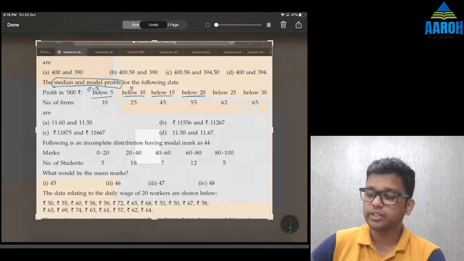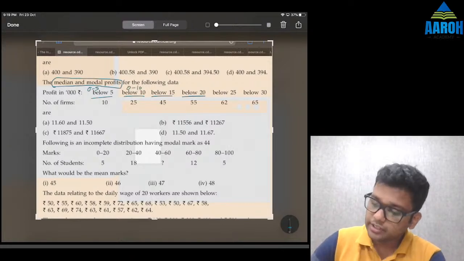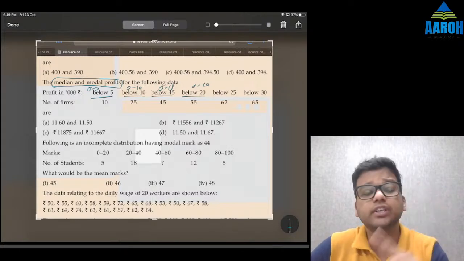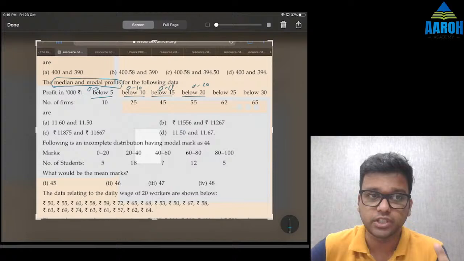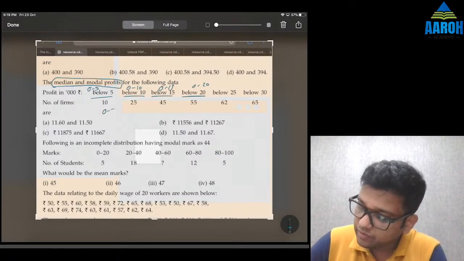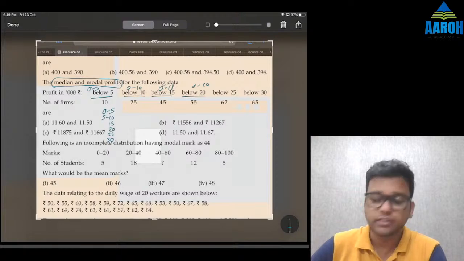Below 10 means anything below 10. So 0 to 10, then 0 to 15, 0 to 20 and so on. So ideally we should first convert it to a normal frequency distribution. We know that classes are going to be 0 to 5, 5 to 10, 10 to 15, 15 to 20, 20 to 25, 25 to 30, right? This we know.